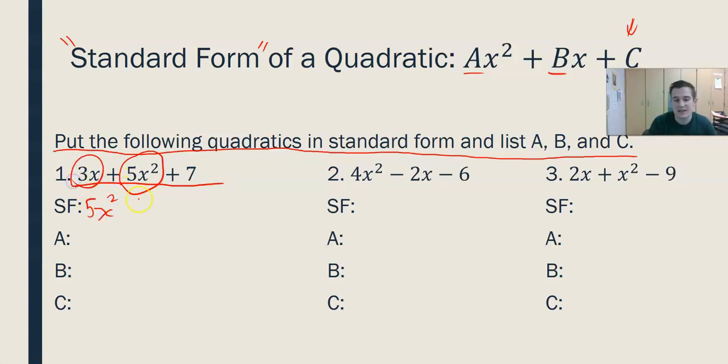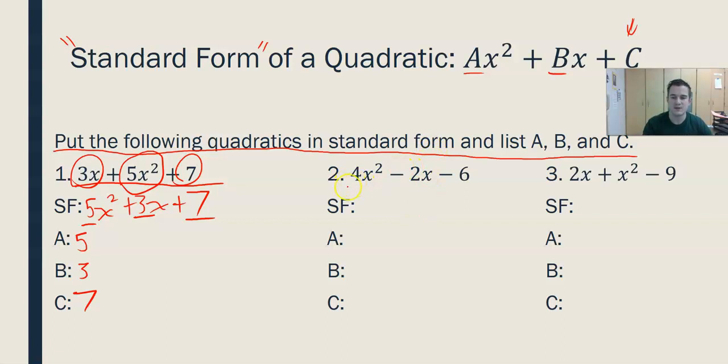This is the term with the next largest exponent, so I'm going to write that one second. This is the one that doesn't even have an exponent because it doesn't have an x in front of it, so I'm going to write that one last. So then if I'm going to write my a, b, and c terms, this is a, this is b, and this is c. Just like that. And for now, that's all we're doing. I just want us to put the quadratic expression in standard form and find a, b, and c.